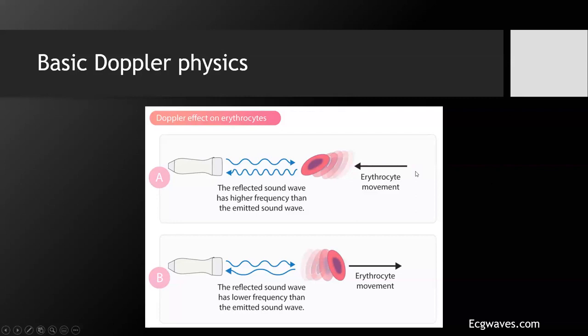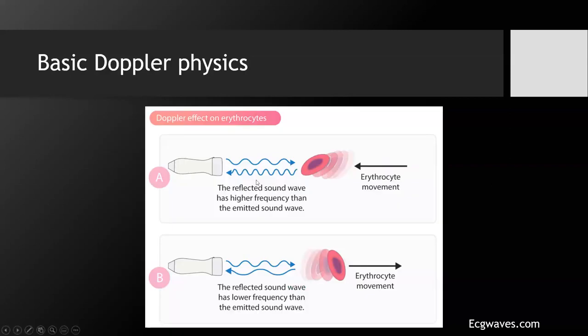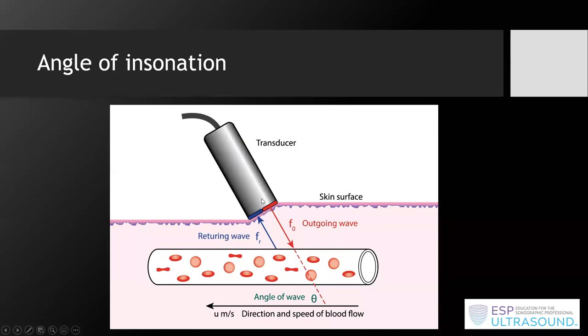Okay, so the last thing you need to know about this is that what really makes a difference, as you can imagine, is the angle at which you're catching these speeds. Now, these pictures make it seem like the ultrasound is hitting the red blood cell head on, and the red blood cell is heading head on towards or directly away from the probe, right? But very often we're not lined up perfectly, and you're getting it at a bit of an angle.